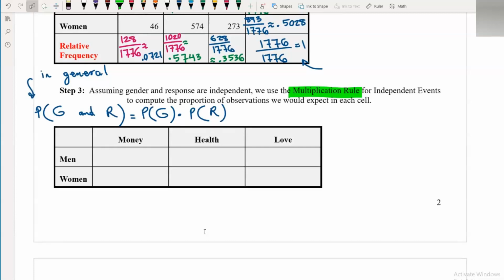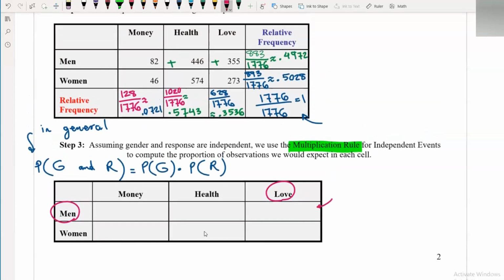For example, I'm going to write this one. This is the first row, third column. So we have men, love. We're trying to find the probability of men and love. So that is the probability of men multiplied by the probability of love. The probability of men, we already have that part here on top. As I already told you, this relative frequency is the same as probability.